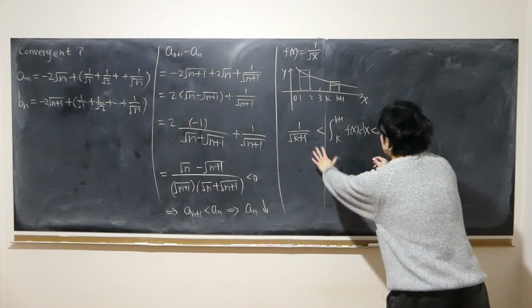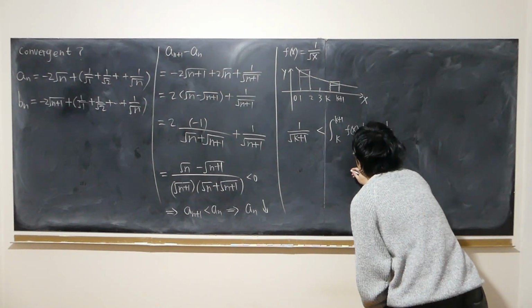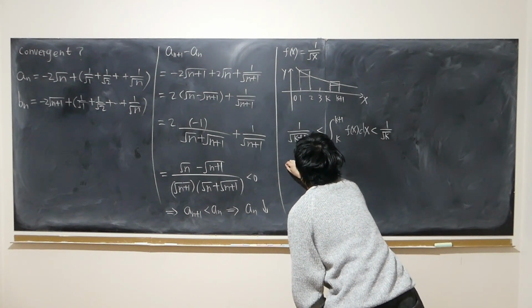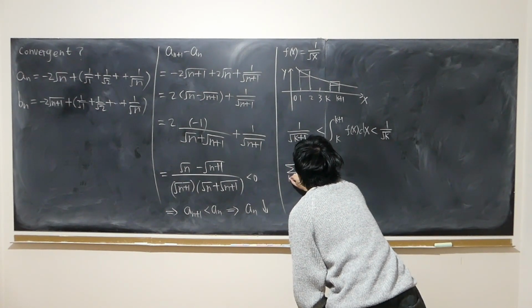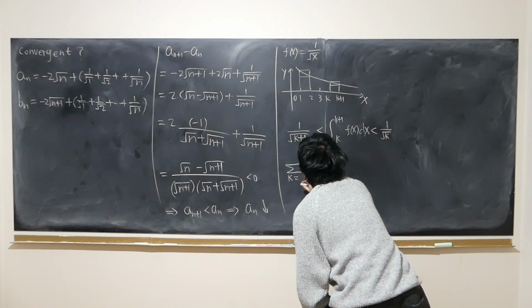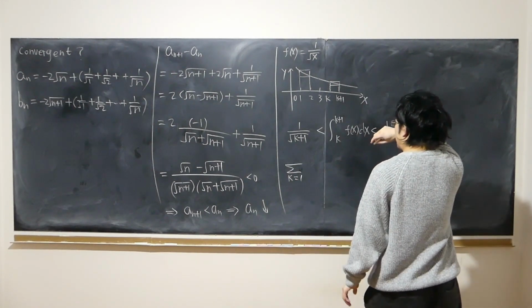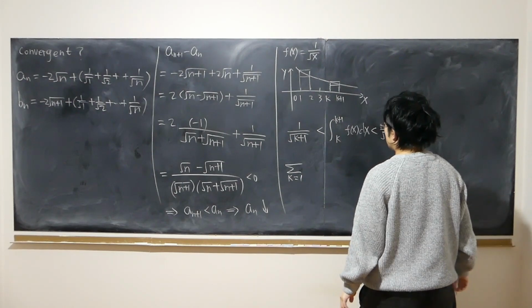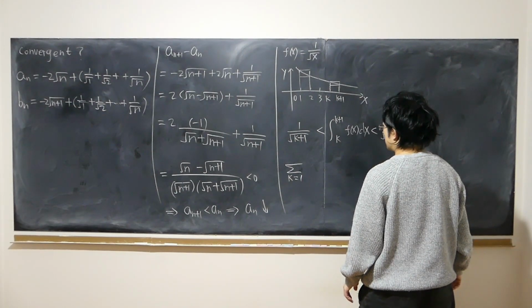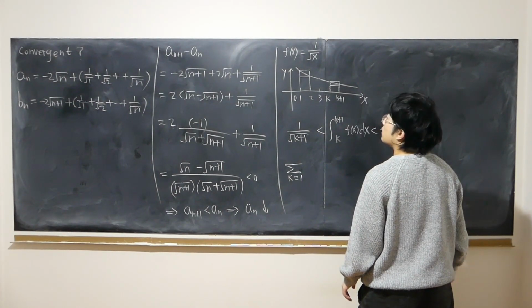So let's just take the sum on both sides. The sum, perhaps k goes from 1 all the way up to maybe just n.